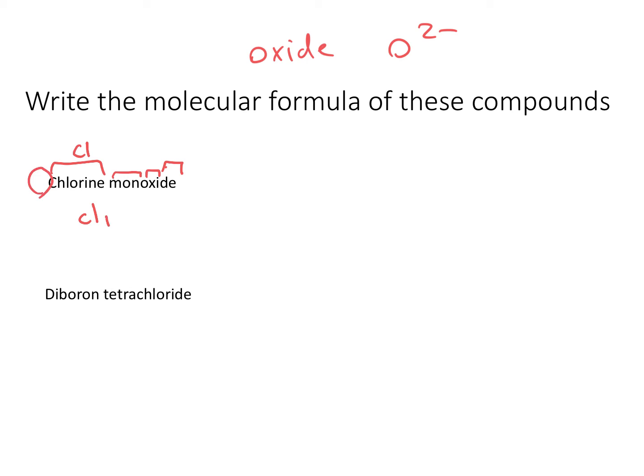So it would be chlorine monoxide. So you have 1 oxygen. So this would be ClO, chlorine monoxide. Is that clear? Any questions?